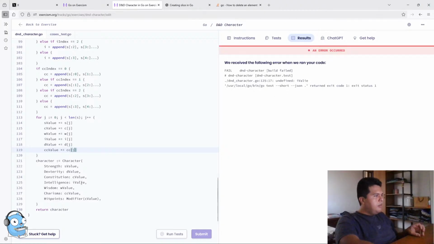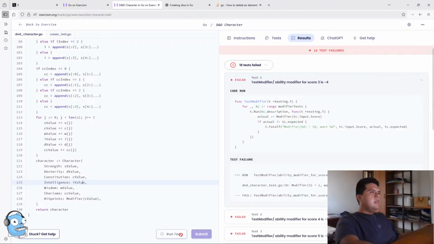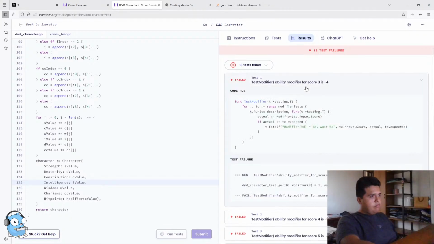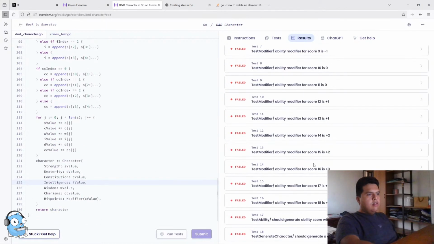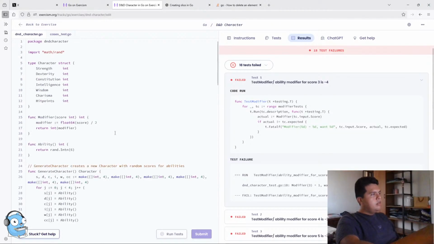I value. And what else? What's the next error? Okay, just one side. All of these are about the modifier.